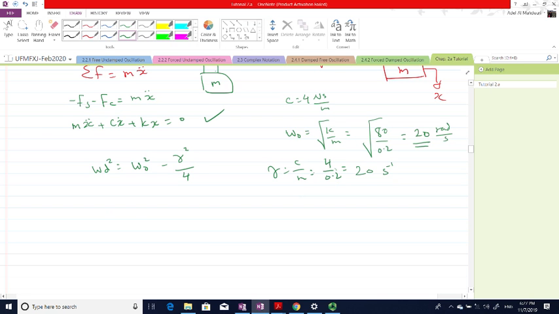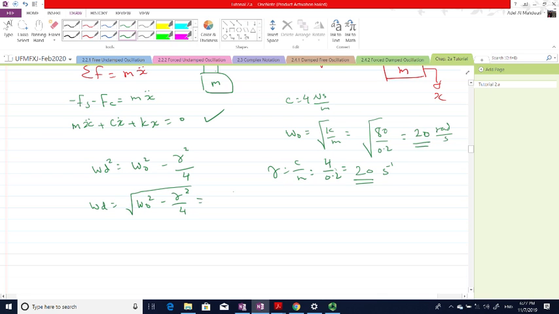So this is the unit of gamma. The gamma, we already found it. Omega naught, we found it. Omega d, we can determine it, right? So if we take the square root of both sides, omega d will be the square root of omega naught squared minus gamma squared over 4.